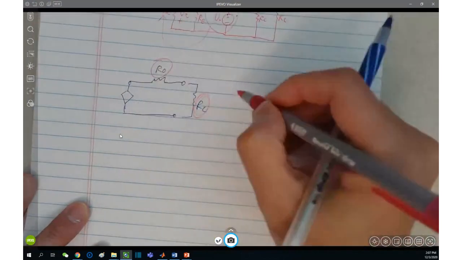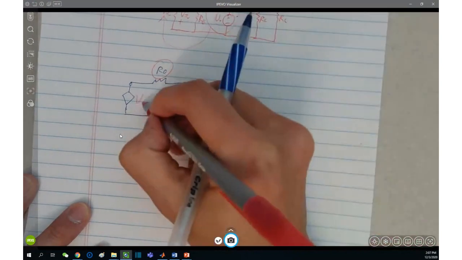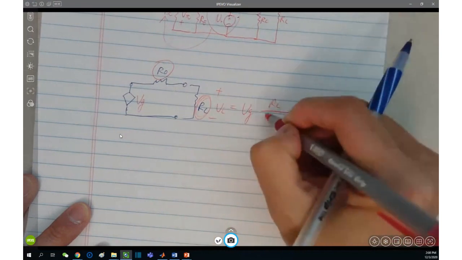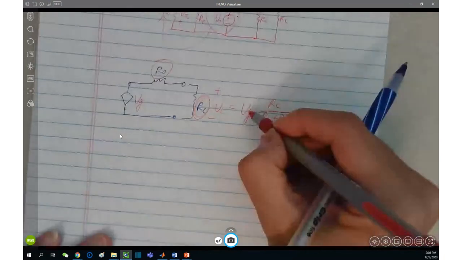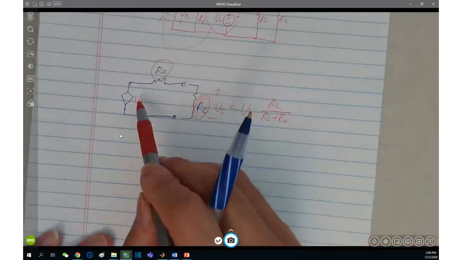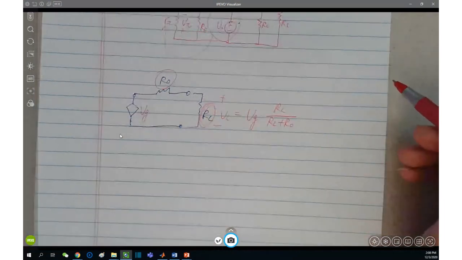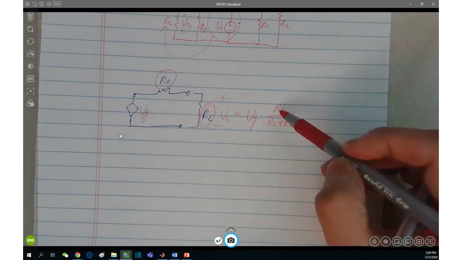The voltage of the load equals the generated voltage times a voltage divider, right? You want all of the generated voltage VG occupied by the RL rather than the R naught. So the bigger the RL, the better.